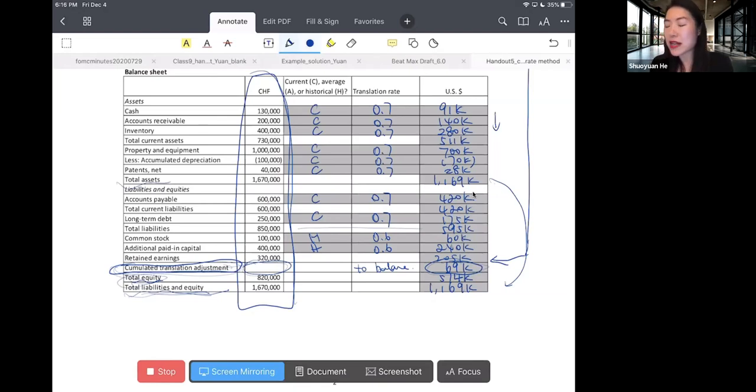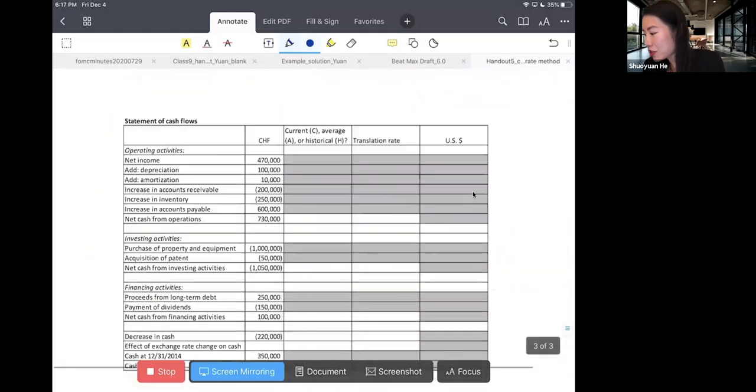If we used the current rate for all of the income statement items, it would balance. But because we're not doing that, it is not going to balance. And in order for it to balance, we need to add a new account, which exists only for the statement after translation.